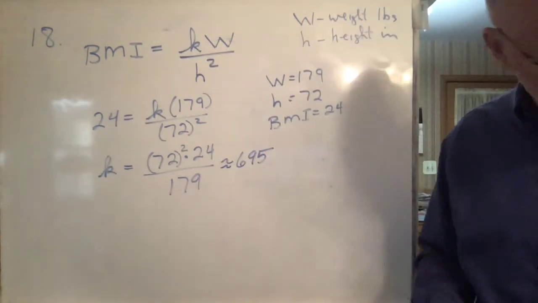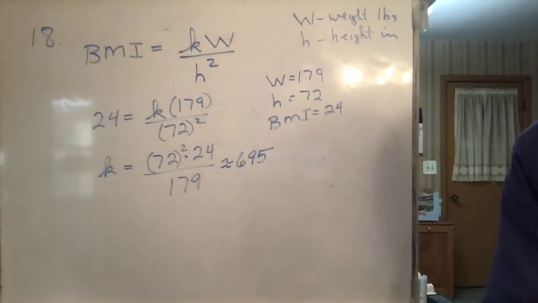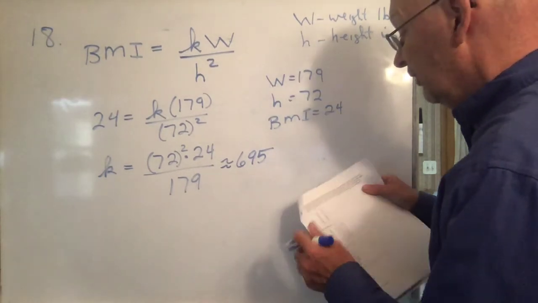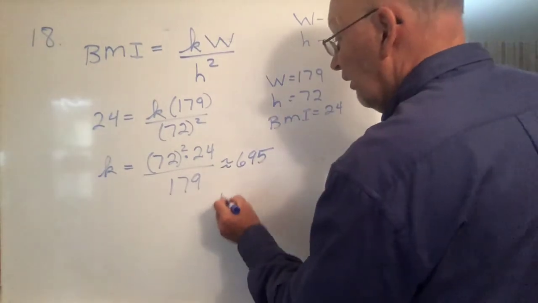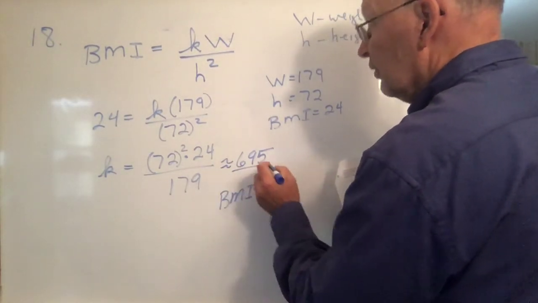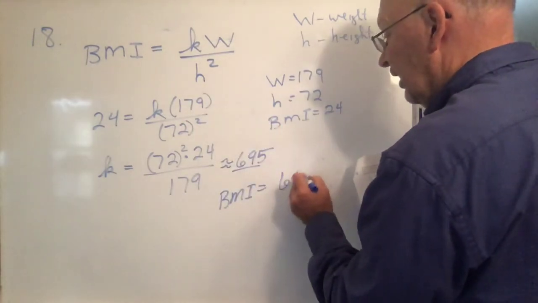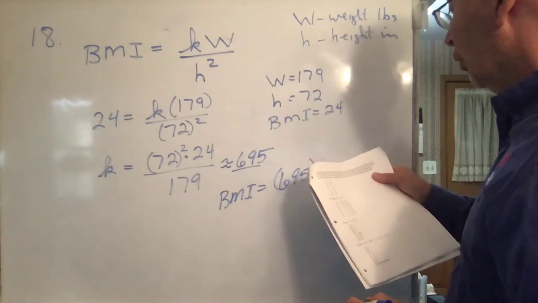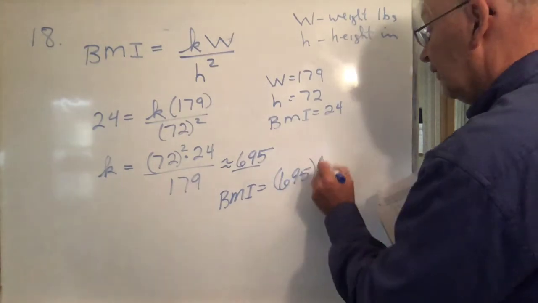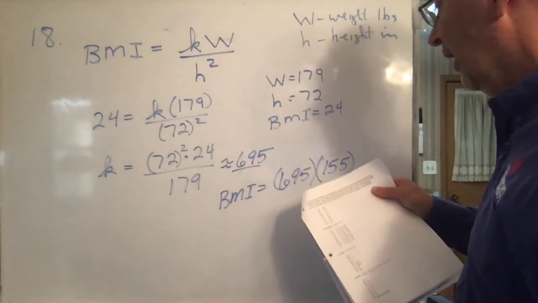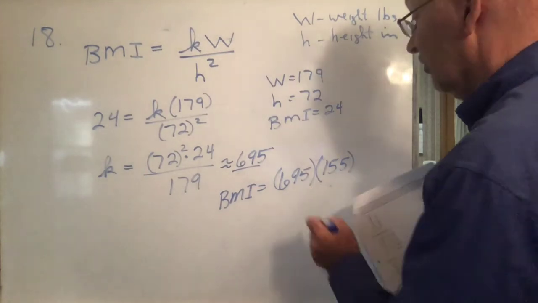Okay? And now that I have that, I can solve the problem. Because what's the problem say? It says find the BMI of a person who weighs 155 pounds. So now I can just calculate it. Here we go. BMI. Here's our K, 695. And we're told that the weight is 155. And we're told that the height is 63 inches.